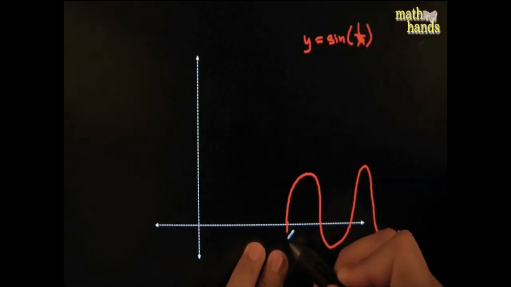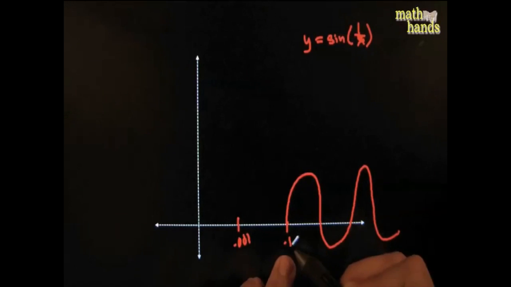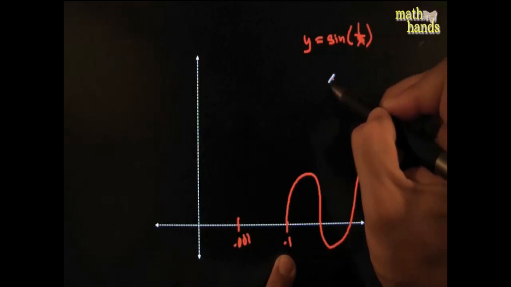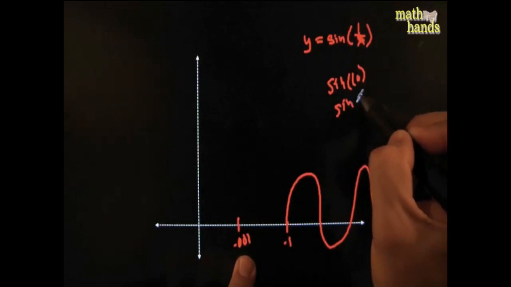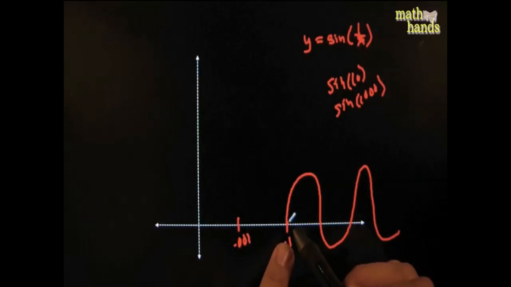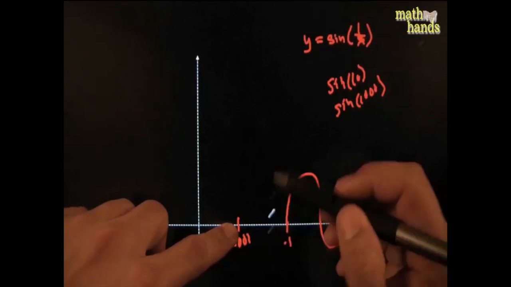For example, from, say, 0.1 to 0.001, if you invert it, it's gone from sine of 10 radians all the way to sine of 1000 radians. You know how many times it's gone up and down?